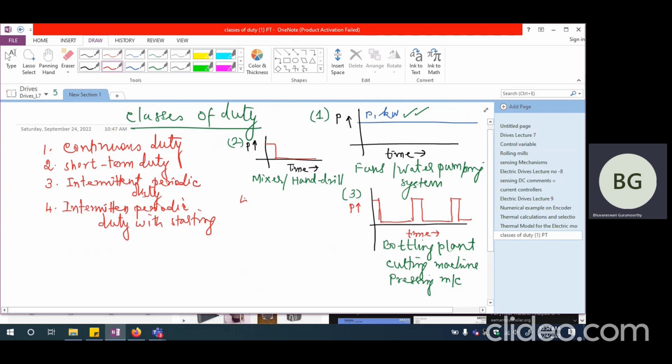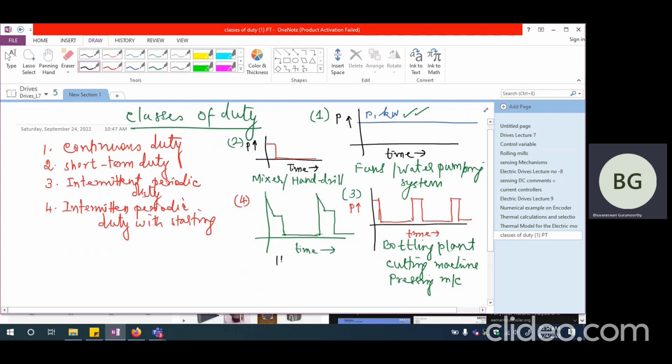So the fourth type of application we are talking about is where you will have a high starting current for some time. Then you will have heavy torque. Then it is going to keep quiet for some time. Again, you will have a high starting current and a heavy torque, and this will go on. So this could be every now and then if you have to start a motor.